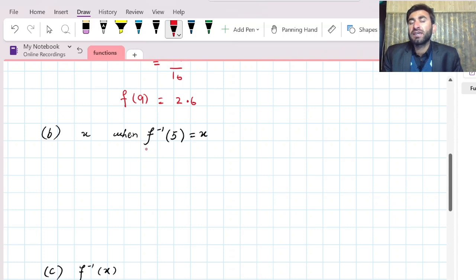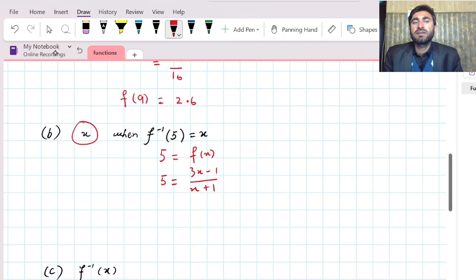Now it looks like we have to find the f inverse of x first, but in such questions we do not need f inverse of x, because if I move f inverse to the right hand side, it will become 5 equal to f of x, because the inverse when moved to the right hand side will become simple function f, and that is an equation because f of x is replaced by its expression 3x minus 1 divided by x plus 1. We just need to solve this equation for x and we'll get the value we desire.